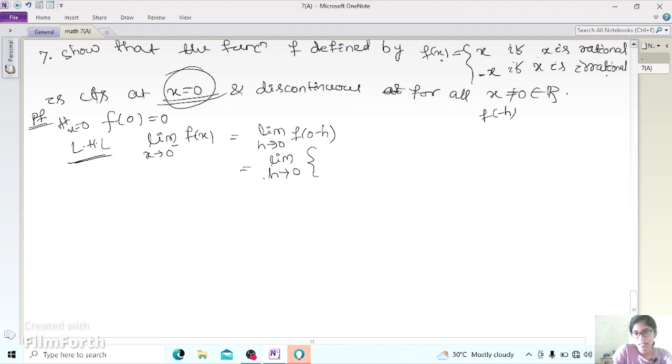So it is minus h if x is rational, and minus of minus h if x is irrational.